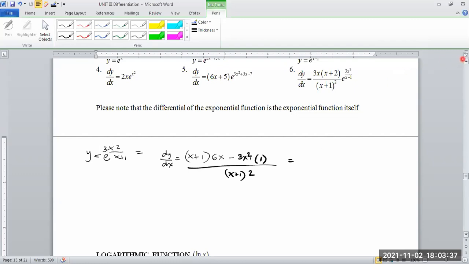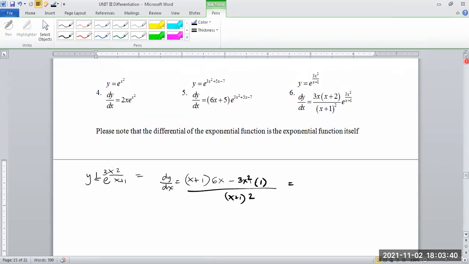Wouldn't that be 6x squared plus 6x? Oh, yeah, that's where I'm at. Yeah, you're correct. So it's going to be 6x squared plus 6x minus 3x squared. So what I'm going to get is the denominator times the differentiation of the numerator, minus the numerator times the differentiation of the denominator, over the denominator squared, which is x plus 1 all squared.